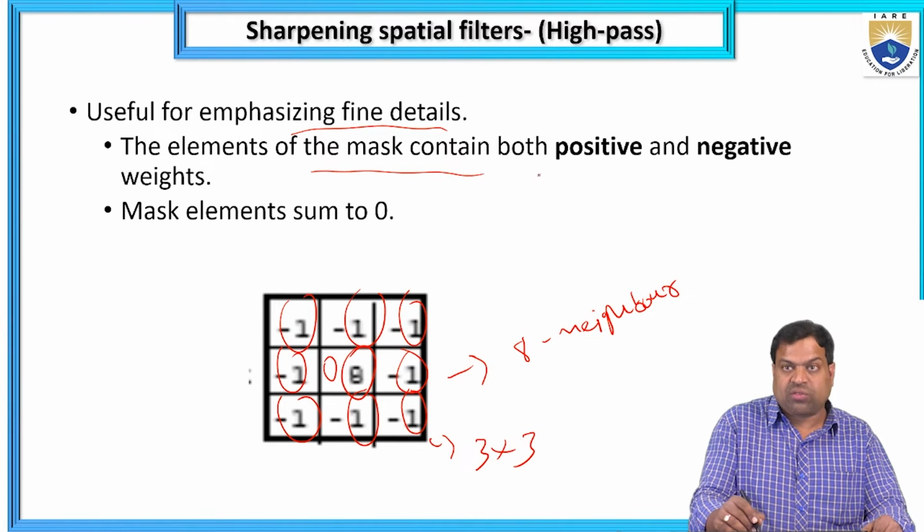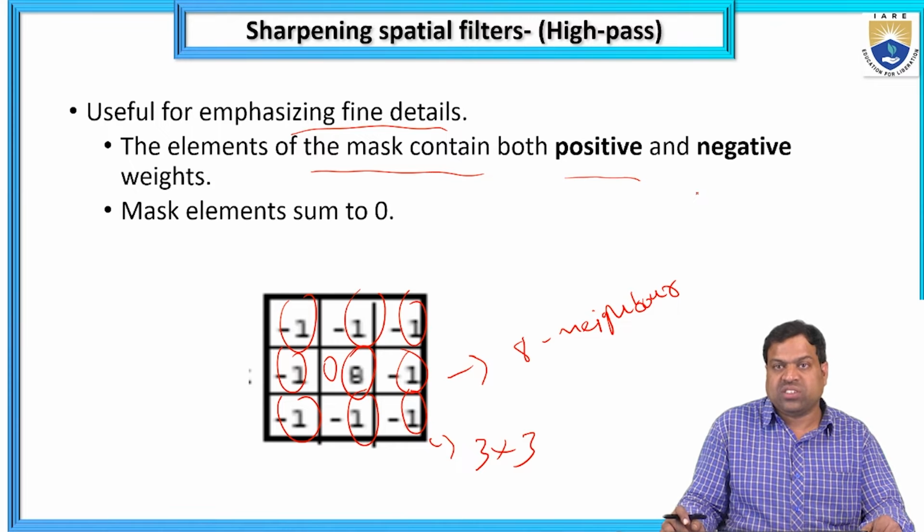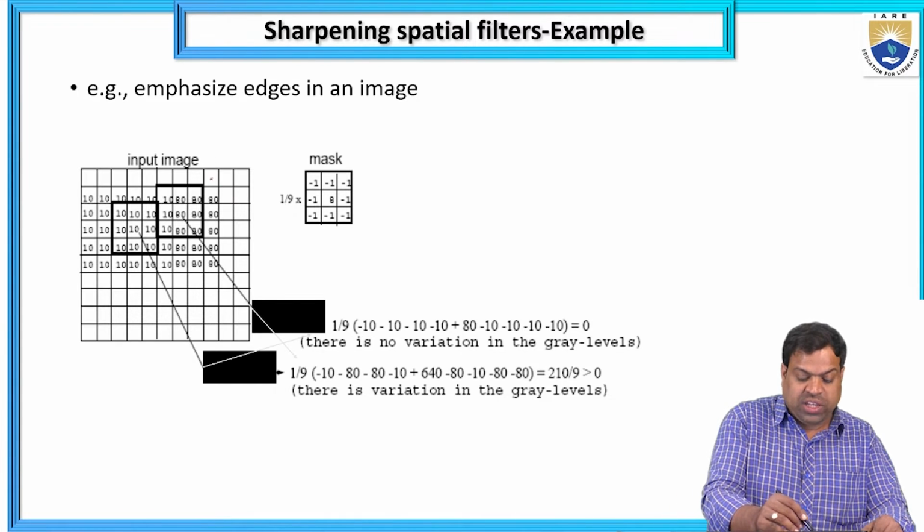The elements of the mask contain both positive and negative weights, and the mask elements sum to zero. Here is an example of a 3 by 3 mask. The middle point I take as 8, and the remaining all I take as minus 1. For emphasizing fine details, the mask contains both positive and negative weights, and the mask elements sum to zero. An example is emphasizing the edges in an image. So what is the input image? Here I'm taking some input levels with intensity values.